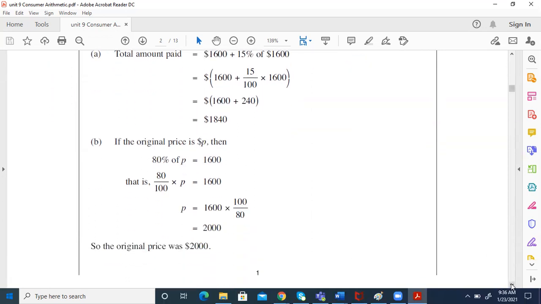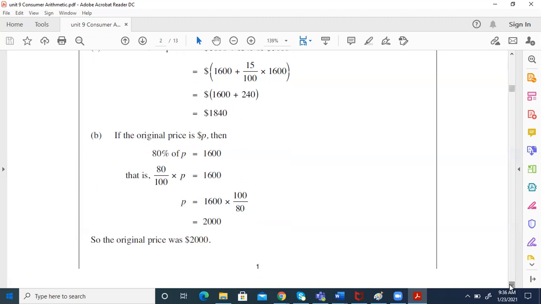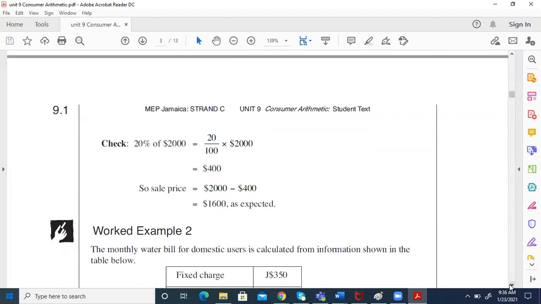Once you have that set up, you divide both sides by 80%, which means you divide the 1,600 by 0.8, and you get 2,000. If you want to check it back, you can say 80% of 2,000 gives you 1,600, exactly what the statement is saying above.